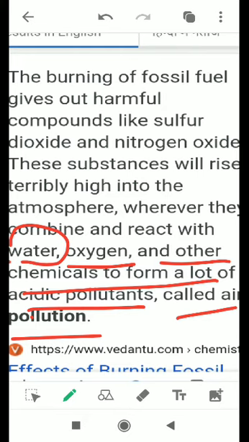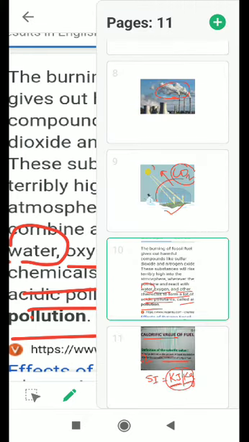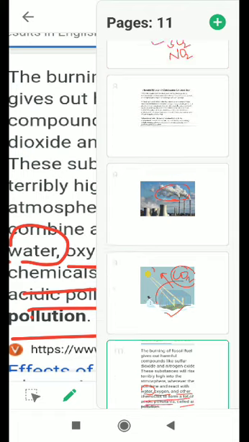And when they come to the ground in the form of acid rain, it causes soil pollution too.